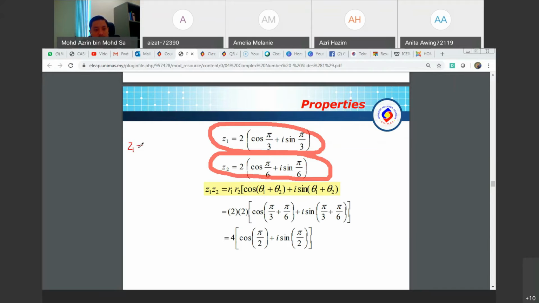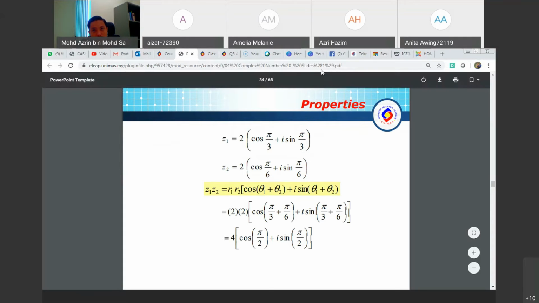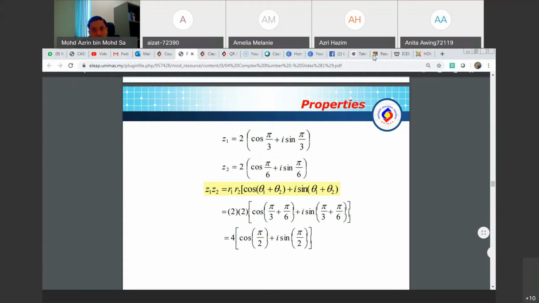Z1 equal to 1 plus square root 3 I, just now.